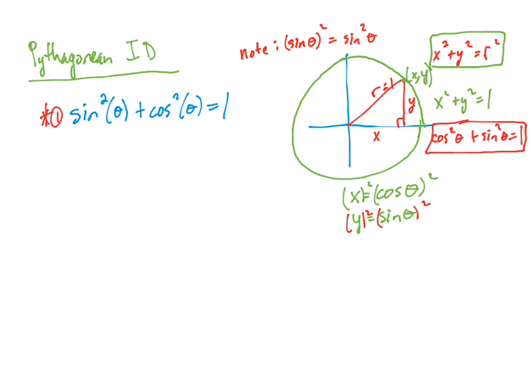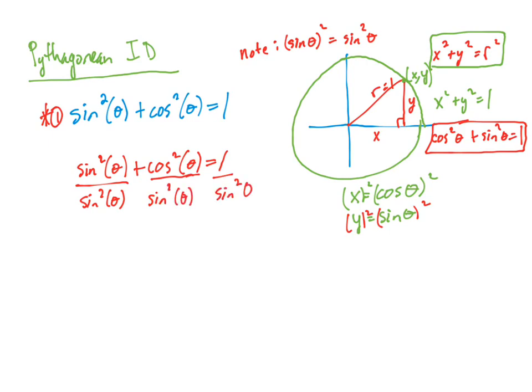Now, let's suppose we go through and divide each of these terms by sine squared. So sine squared theta divided by sine squared theta plus cosine squared theta divided by sine squared theta is equal to 1 over sine squared of theta.